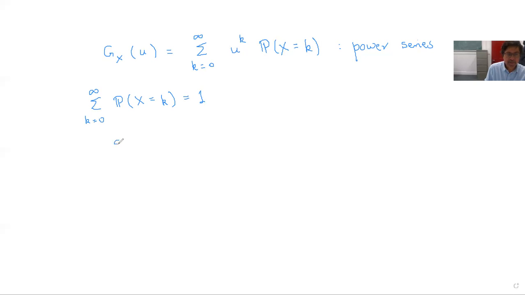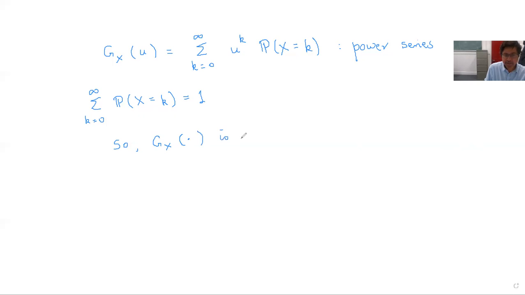So now we've so far mainly thought of u as a real number, but now let's think of it as a complex number. So the function G_X can be defined on the complex plane.